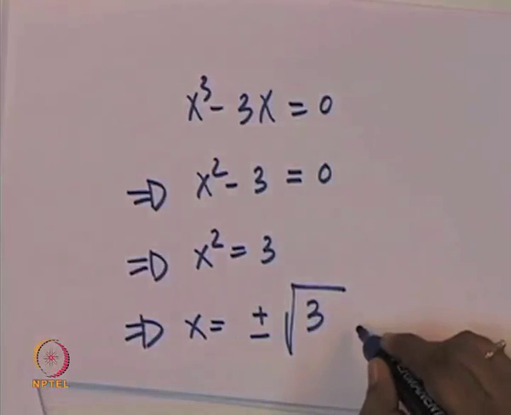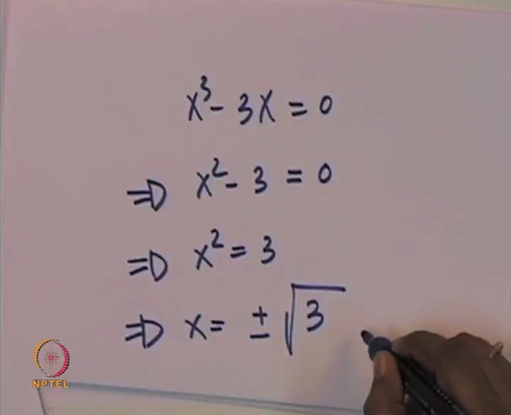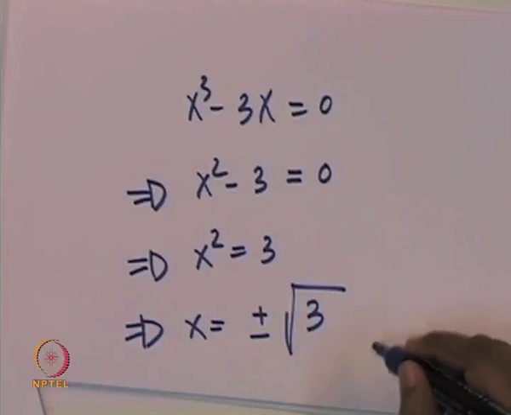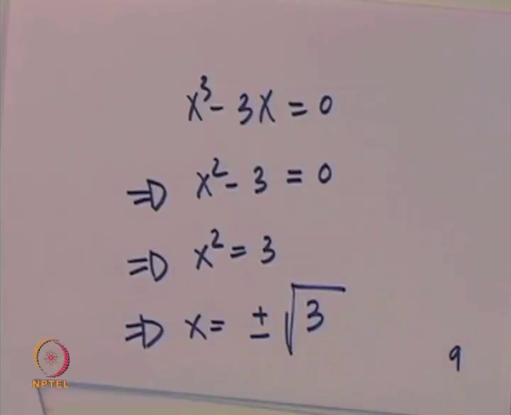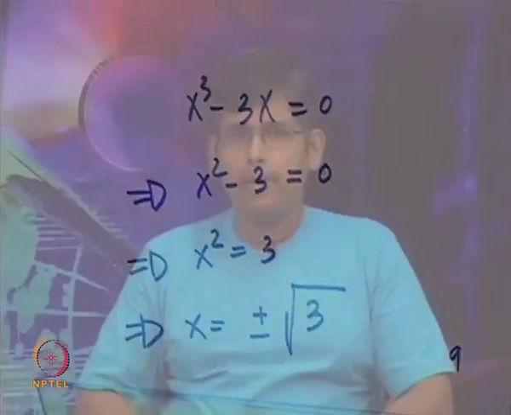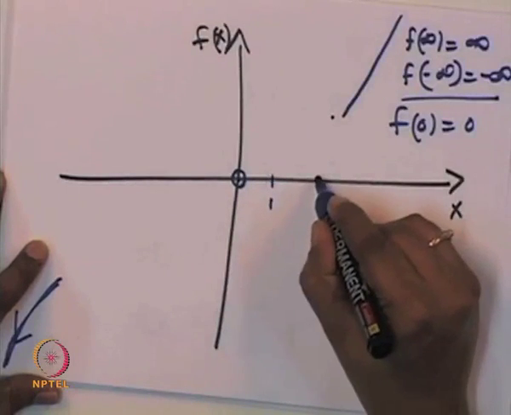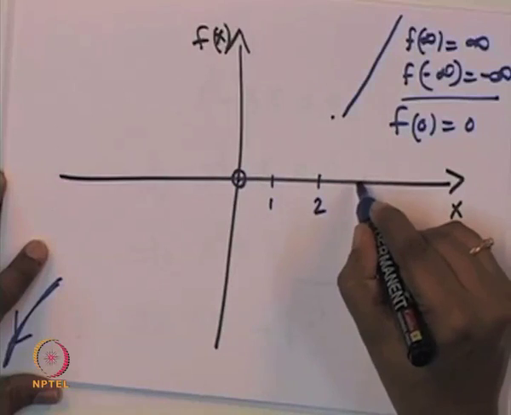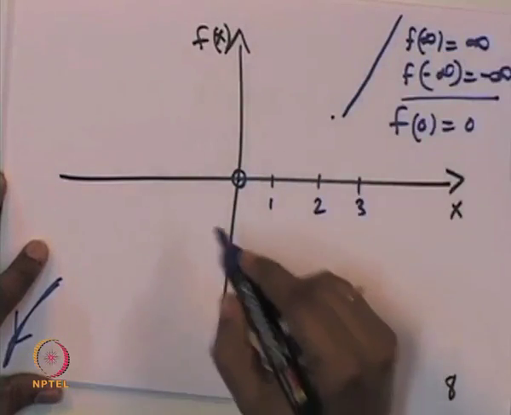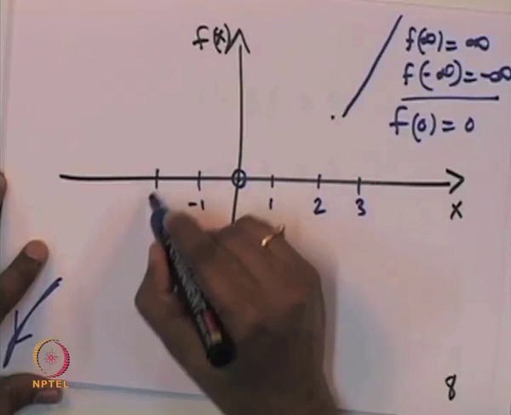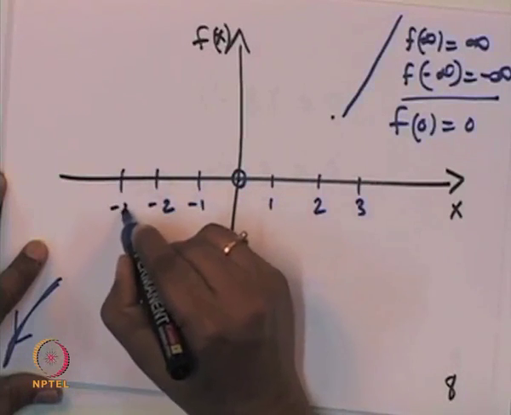So what is square root of 3? Square root of 4 is 2, so square root of 3 is just below 2, like 1.7 something. So when x is just below 2, you will have this function f of x reaching 0. Let us look at this plot. Here you have x equal to 0, here x equal to 1, x equal to 2, x equal to 3, and so on, and here x equal to minus 1, minus 2, minus 3, and so on.